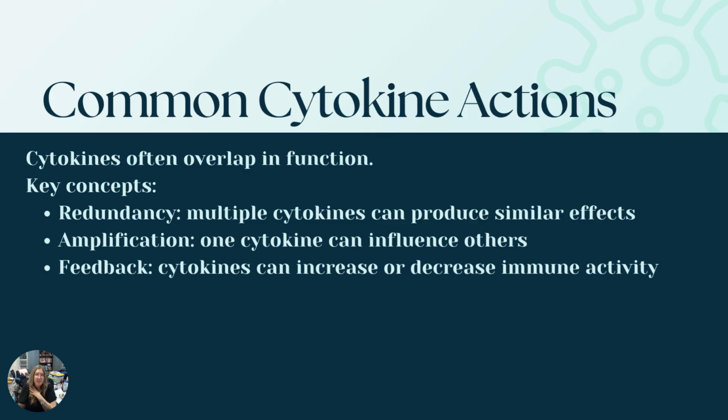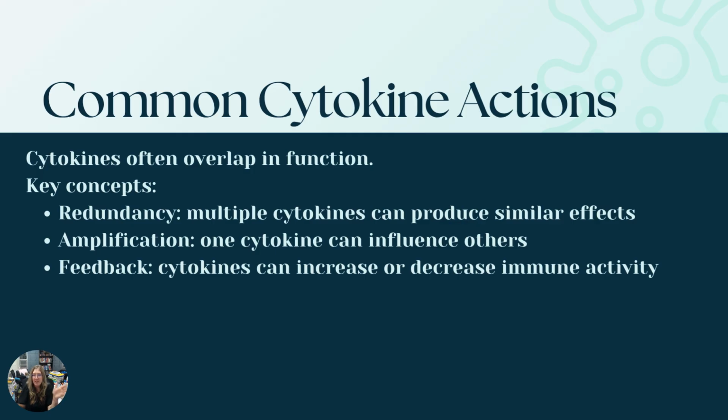There are three concepts here that are worth understanding. The first is redundancy. Multiple cytokines may produce similar effects. The second is amplification. One cytokine can stimulate production or activity of additional cytokines. And the third is feedback.